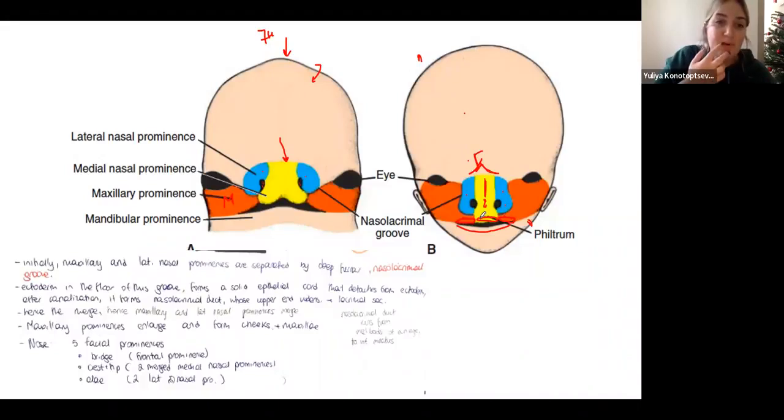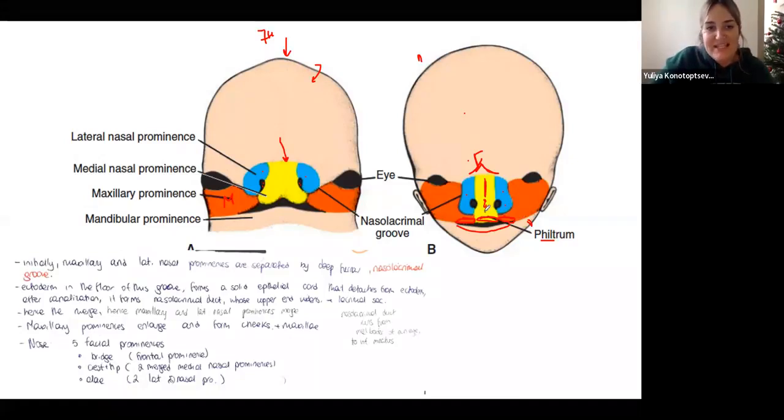So upper lip: corners maxillary, middle medial nasal prominence. Philtrum, right? So this little gap here that we have, from the nose, the philtrum, it's also going to be made by the medial nasal prominence.